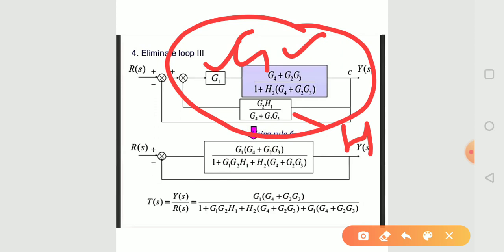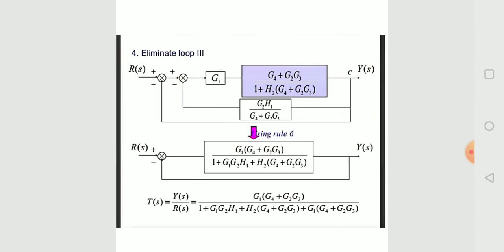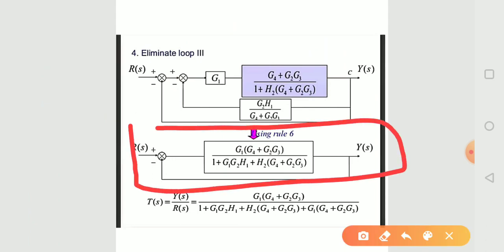Applying the same formula, G over 1 plus GH, we get the value of this loop as G1 into G4 plus G2 into G3 upon 1 plus G1 into G2 into H1 plus H2 into G4 plus G2 into G3.